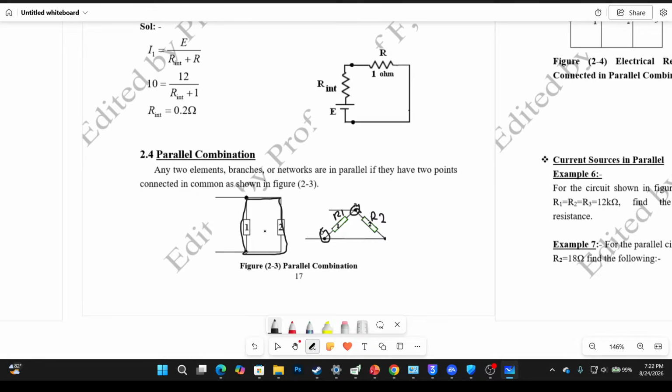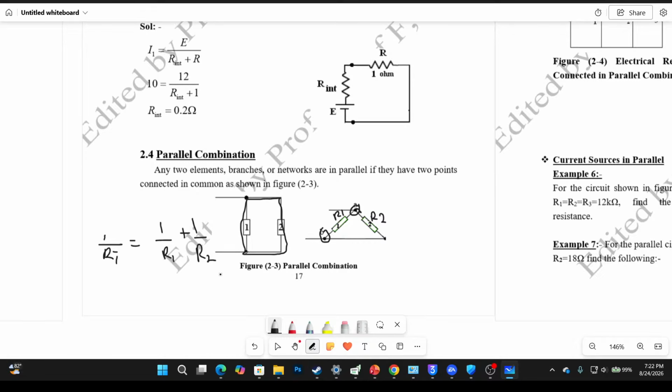Someone may ask, how can we calculate the total resistance if the resistors are in parallel? So if the resistors are in parallel, to calculate the total resistance, 1 over the total resistance equals 1 over R1 plus 1 over R2.